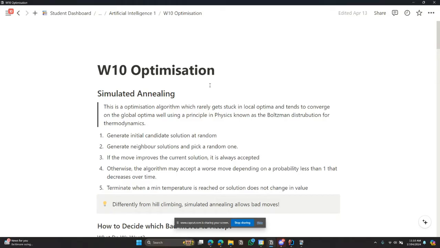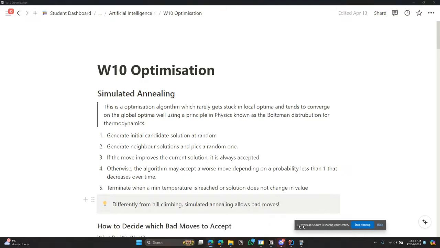What were the other 3 things you have to define when you're formulating an optimization problem? Yep, search space was one of them, correct.